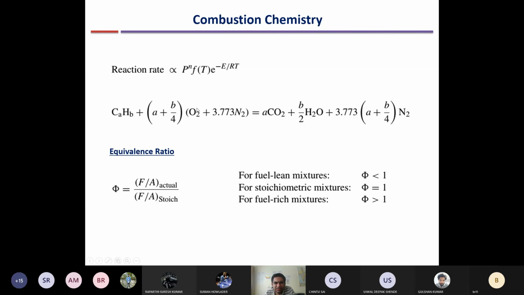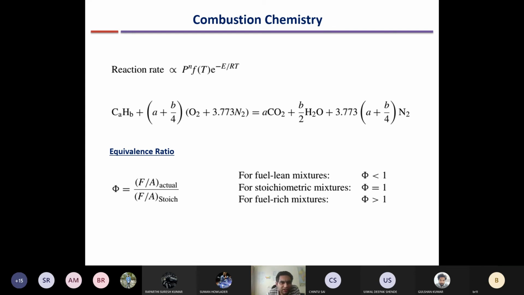We will not actually solve these calculations. I am just giving some example, but it's not part of the course, and we will not solve any problems like these. But a lot of chemistry is involved in calculating the reaction rate. Reaction rate is a function of temperature. At high temperature, reaction is much faster.